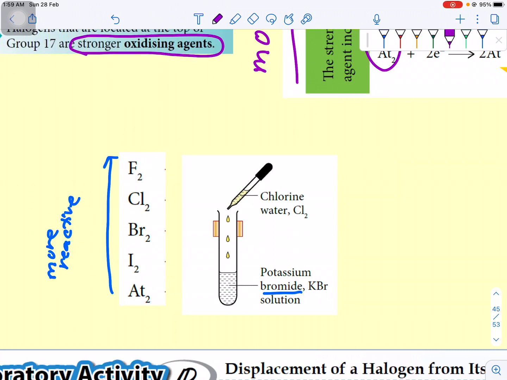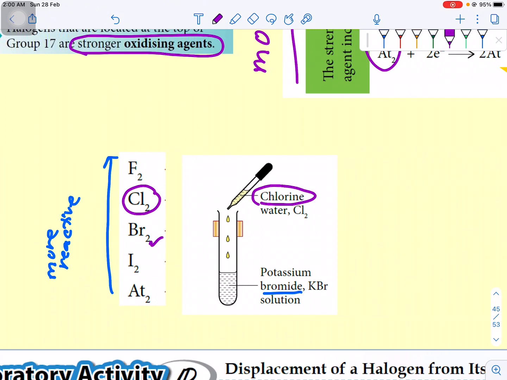So here we have chlorine, and then for halide we have bromide. This is the bromide, bromine in salt we know as bromide. So is chlorine able to kick out Br from KBr?